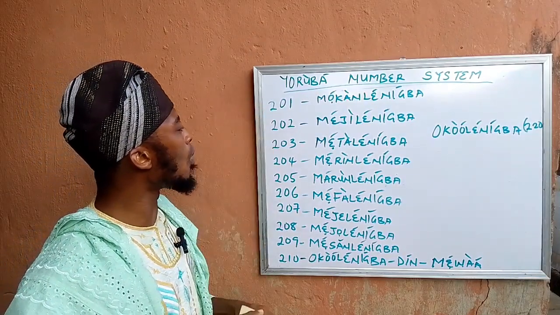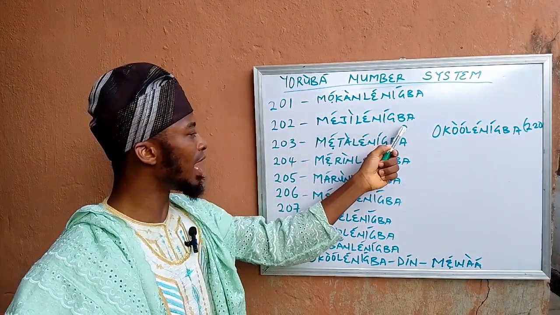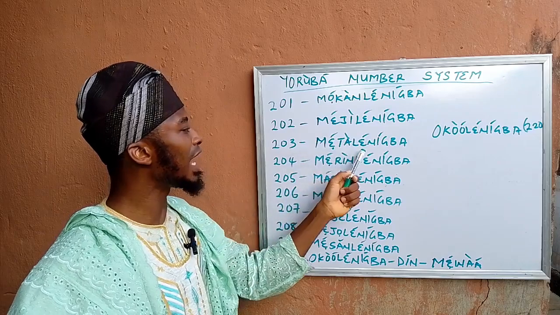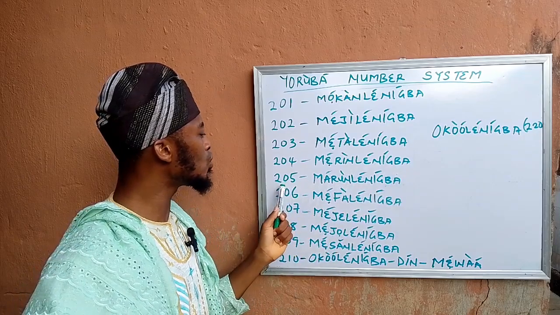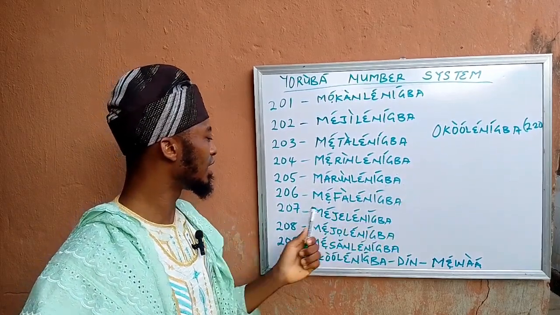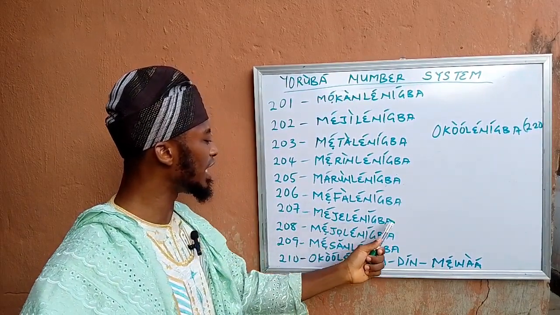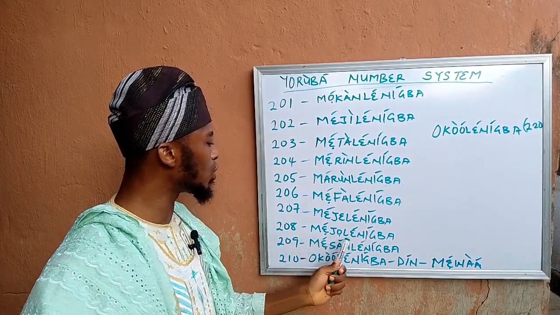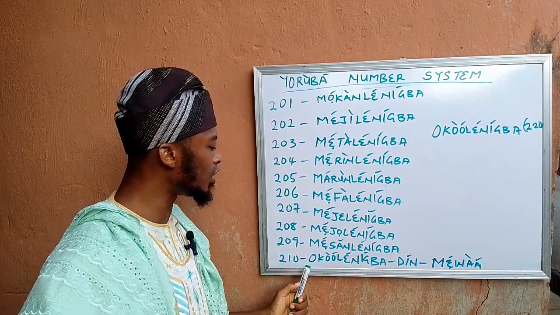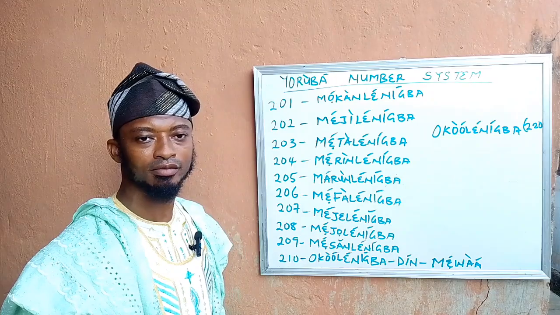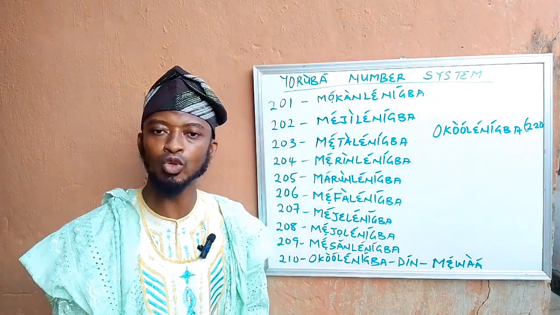We said 201 mọ́kànlénígba, 202 méjìlénígba, 203 mẹ́talénígba, 204 mẹ́rinlénígba, 205 márùnlénígba, 206 mẹ́fàlénígba, 207 méjelénígba, 208 mẹ́jọlénígba, 209 mẹ́sànlénígba, and 210 okòólénígba dín mẹ́wàá. I do hope this is pretty simple to understand.